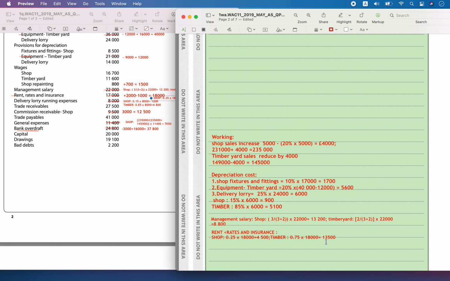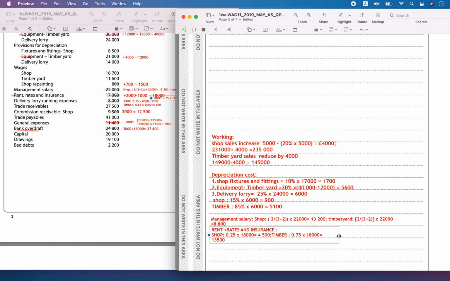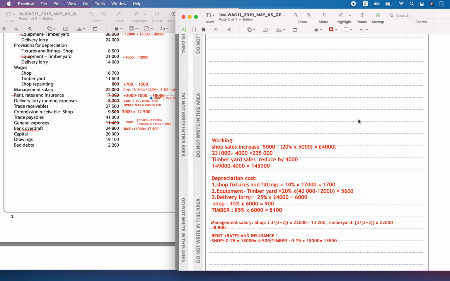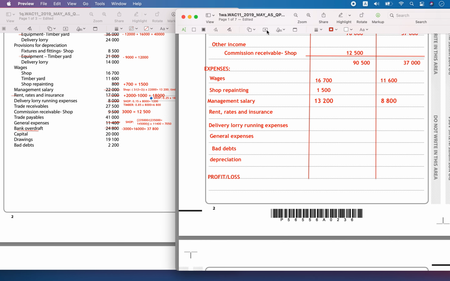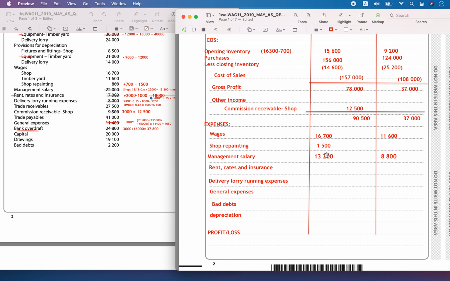For the shop and timber yard it is around this much, 4,500 and 13,500 in this ratio.